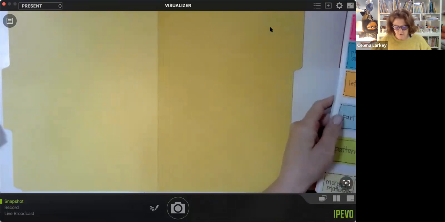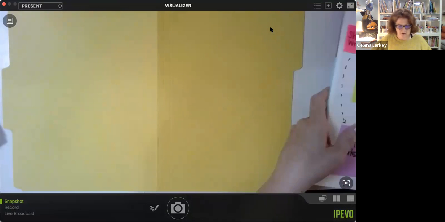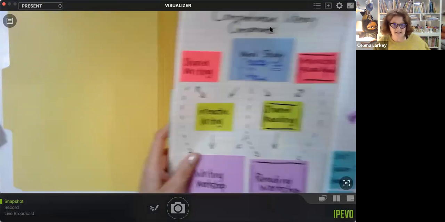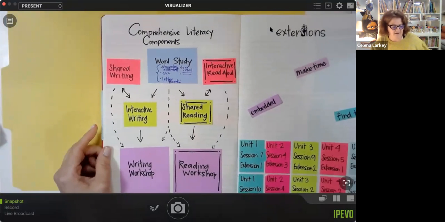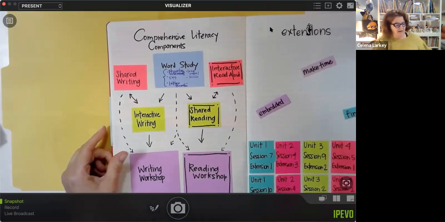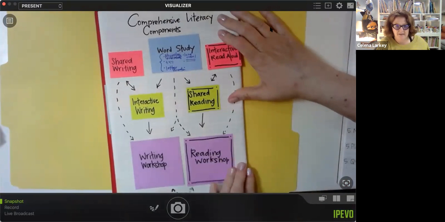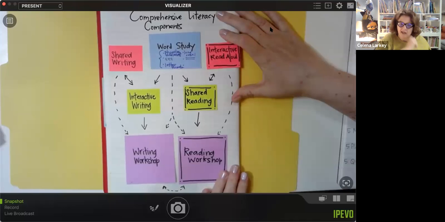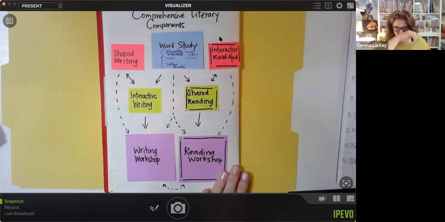So here we go. One thing that I want to start with is this idea of how word study, the study of and teaching of English language literacy and the system that supports it, is a component of our whole literacy day.